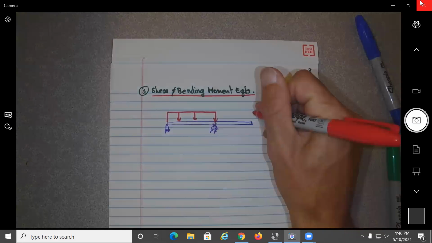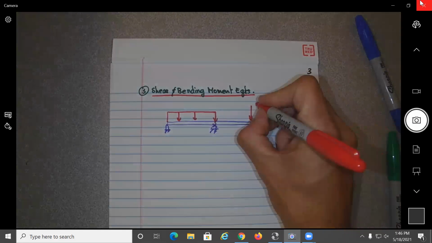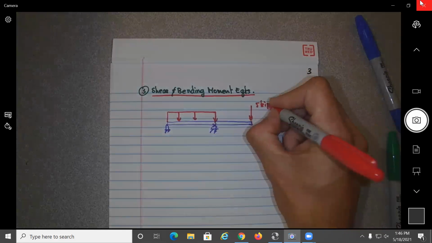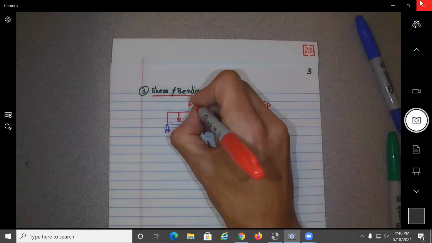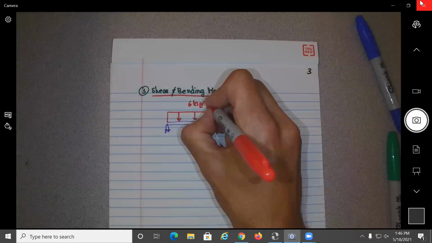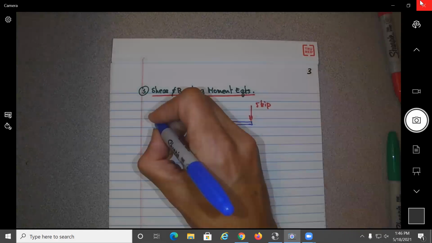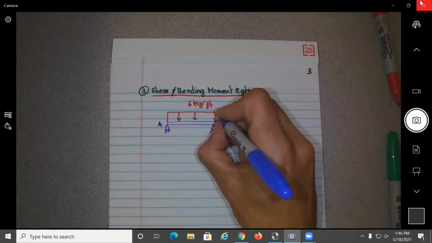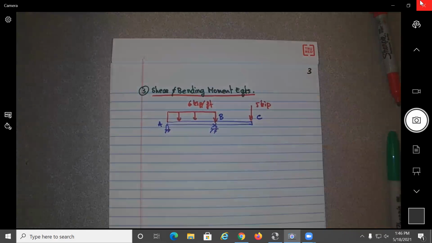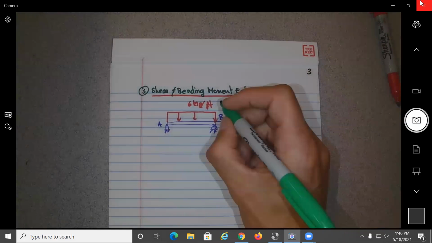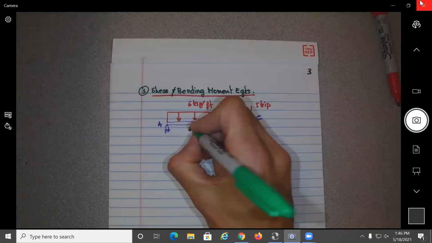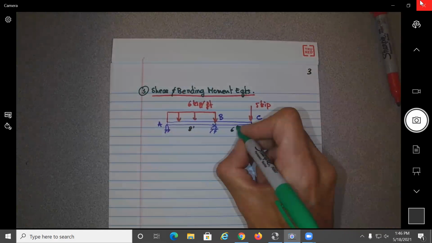Here we have the force of 5 kip, 6 kip per feet, and this was point A, B, and C. Okay, and we knew this was 8 feet and 6 feet.